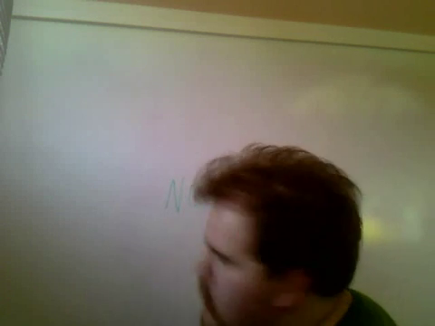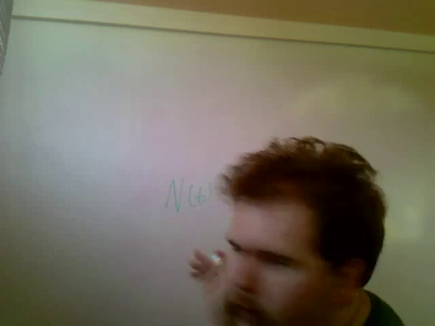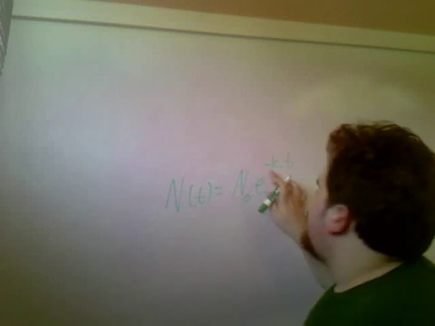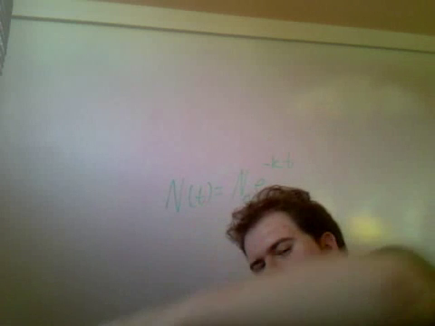A very common example is the nuclear decay of elements, of radioactive elements such as uranium. What that says is that the amount that you have after a time t is equal to n0, which is the amount that you started with, times e to the minus kt. Notice that's a minus. What that means is as t gets larger, it asymptotically approaches 0.